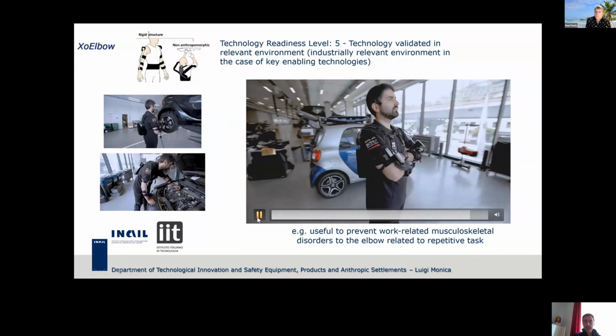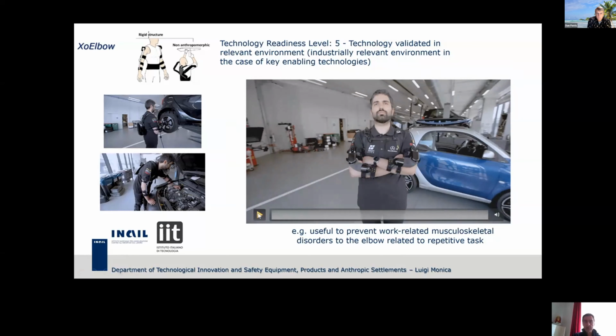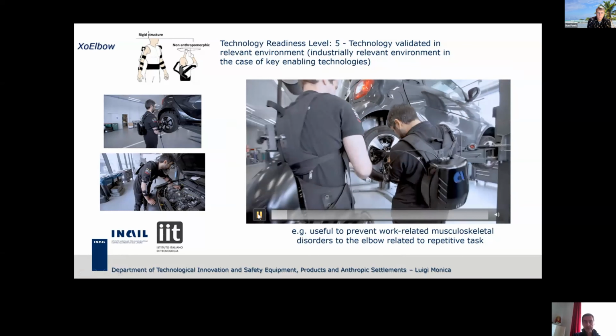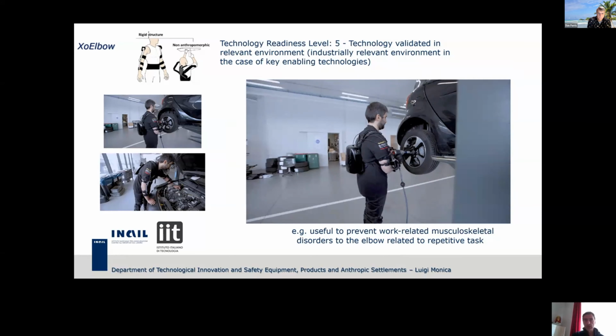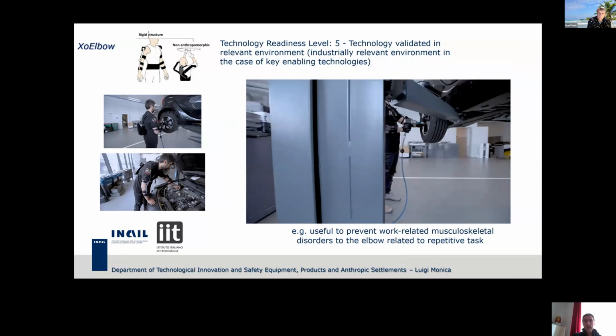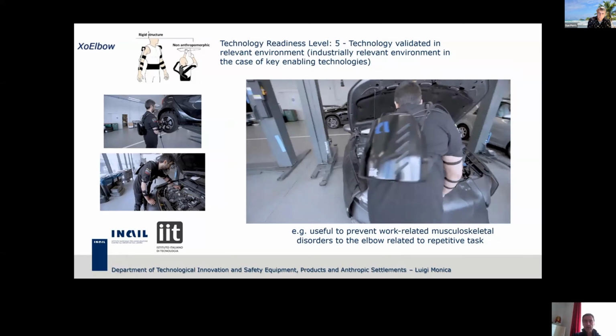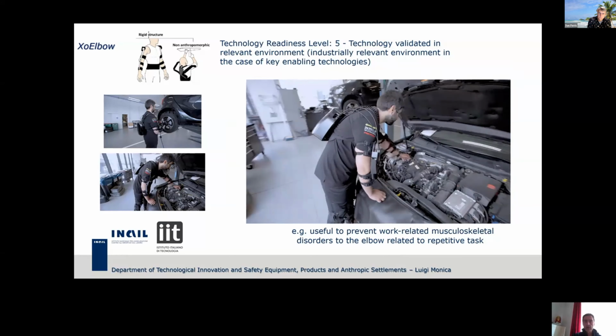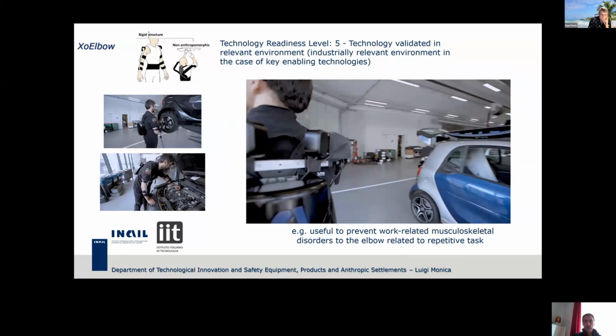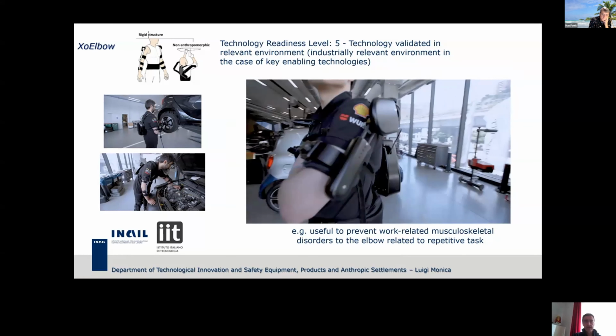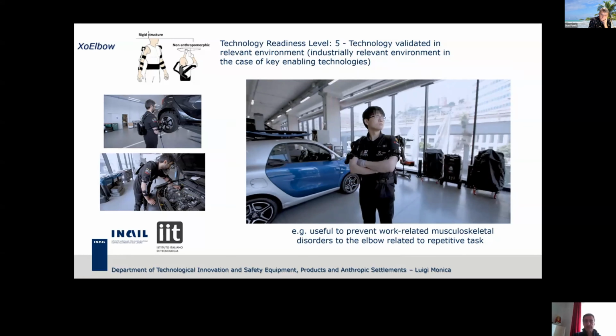This device was also developed in a joint project with the Italian Institute of Technology, and it also has a technology readiness level of 5. This technology is also validated in a relevant environment.